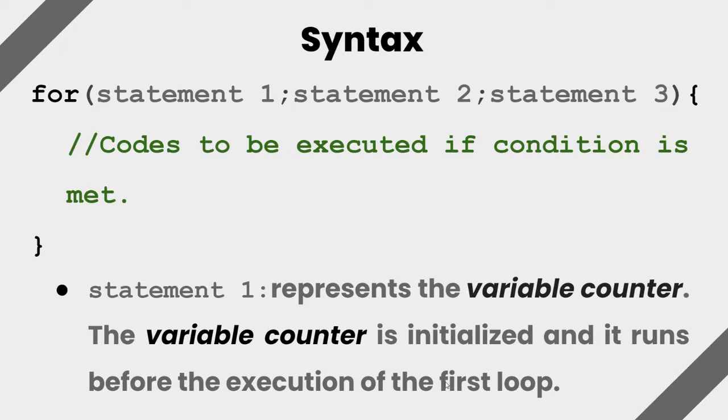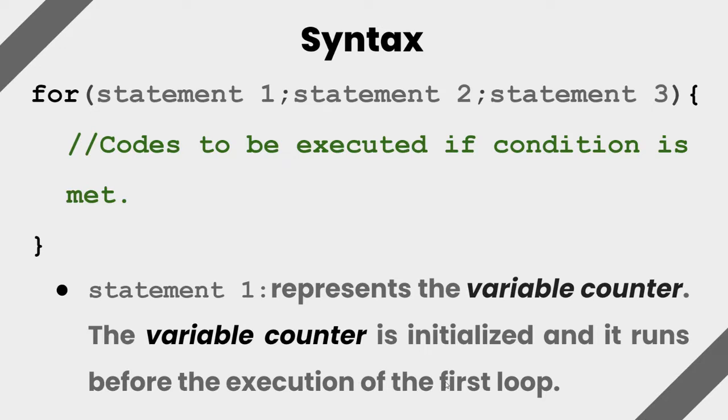So for the for loop, you would always use the semicolon to separate the statements and not comma at all. Now, after the normal bracket, you have your curly braces. Of course, we already know what that's used for. That's where you would have the code to be executed. So after this brief syntax, I'll get to explain what each of these statements represent.